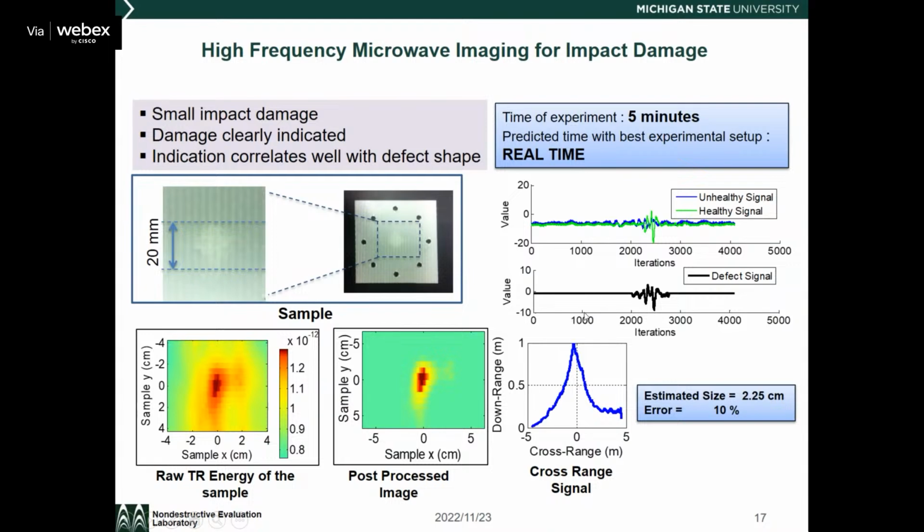You can compare healthy and unhealthy structures or materials, and using inverse problems in the processing, you can reconstruct the damage. And from that response, you can characterize the damage in terms of size and severity. So this is high frequency microwave far field imaging.